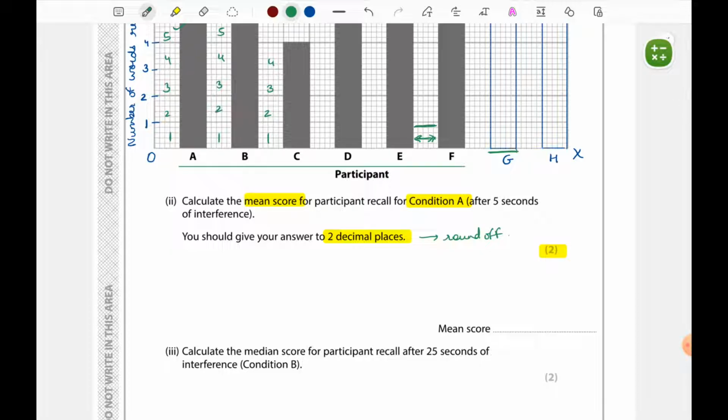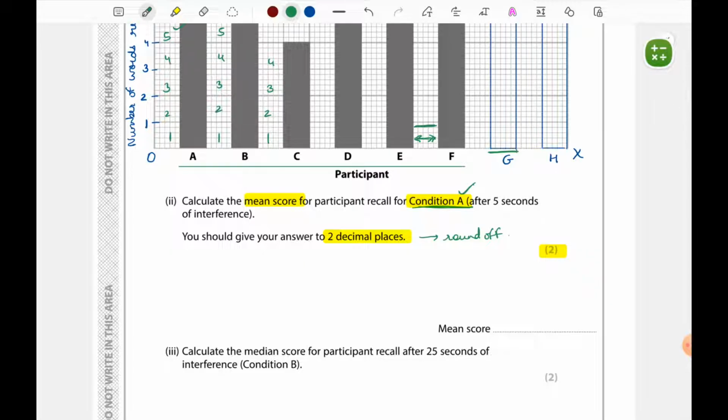What students will do, they've clearly specified condition A. Still, they will confuse between the conditions just because they've drawn the bars from condition B. They might calculate the mean score for condition B instead. Or some of them will create even more confusion and combine both the conditions A and B, and cumulatively they will calculate the mean. It's been made very specific that we have to calculate the mean for condition A. So that is exactly what we need to do.